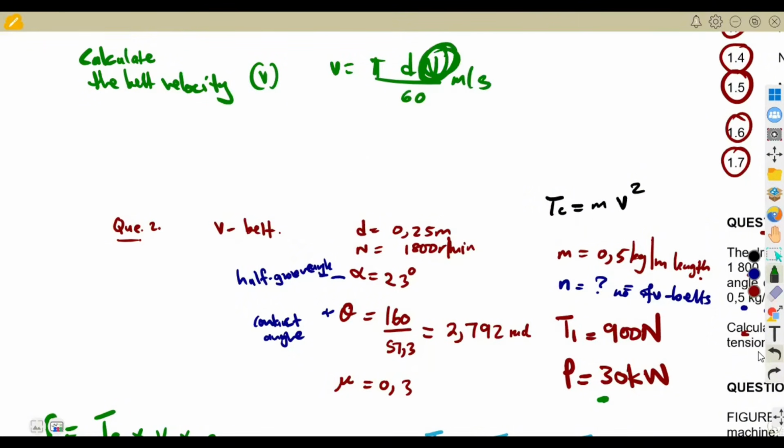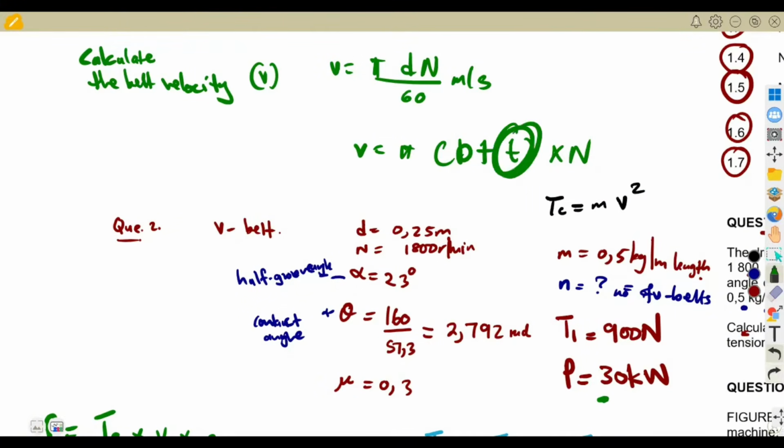But this is in revolutions per minute. Like I said, if you do not have the thickness of the belt. Once you are given the thickness of the belt, the formula is going to be V is equal to pi times (d plus the thickness of the belt) times N, which is in revolutions per second. So you have to change this to revs per second.